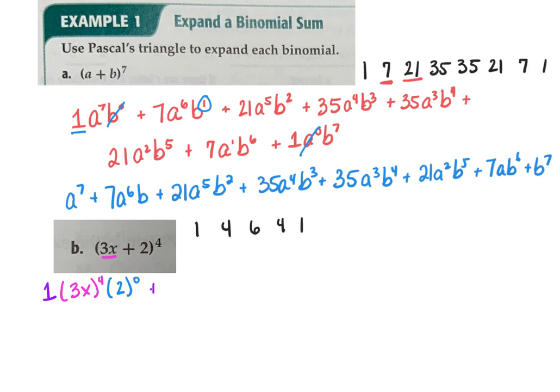We're going to use our next coefficient. We're going to say 3x to the 3rd power and 2 to the 1st. 6 and 3x squared.